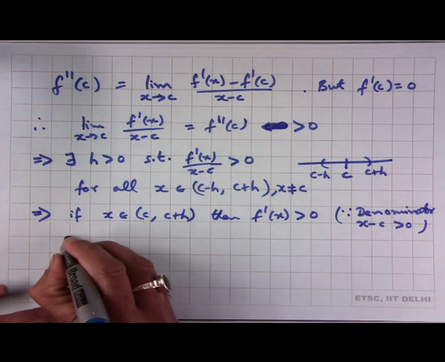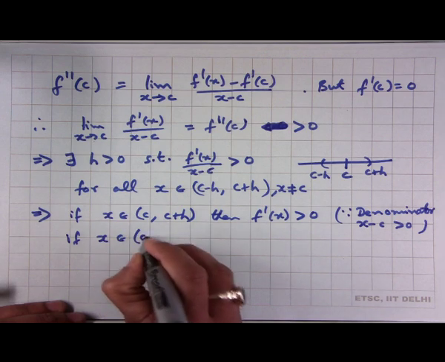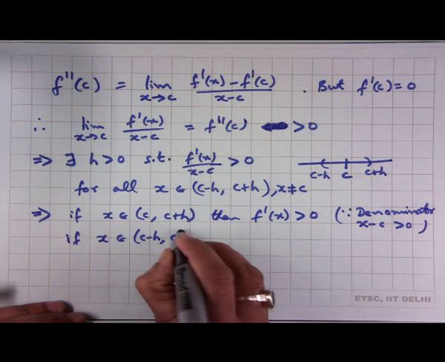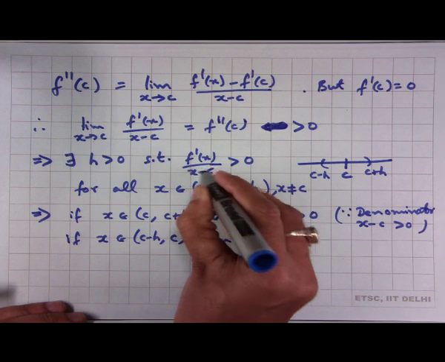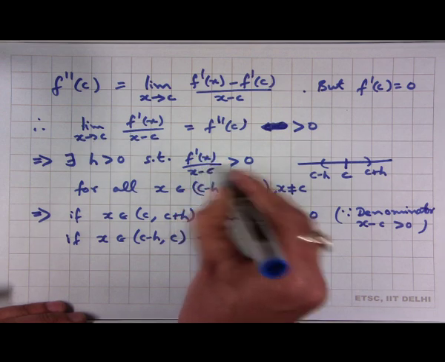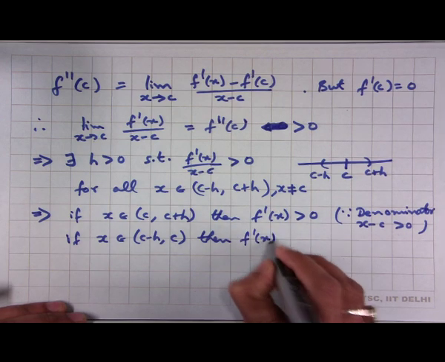And if x is less than c, if it is in (c minus h, c), then x minus c is negative and we want this ratio to be positive, then f prime x must be negative.